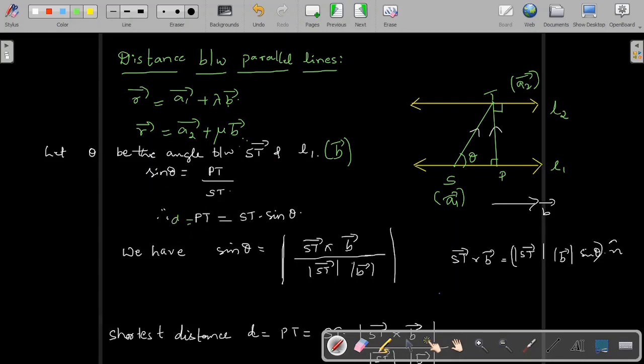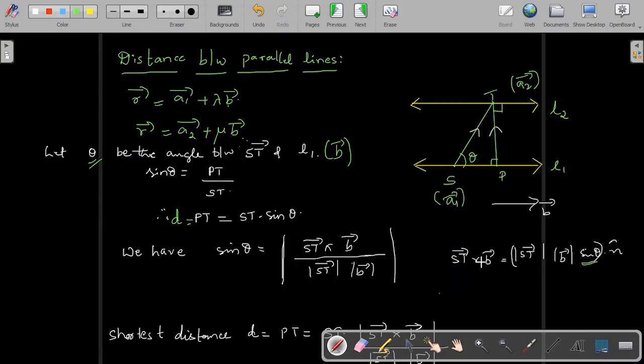PT, you can name it as D, the distance between two parallel lines. Now sine theta is equal to the modulus of ST vector cross B vector by magnitude of ST vector into magnitude of B vector. That is the cross product, because I know the angle between the two vectors ST and B. I will make use of the cross product because in the cross product you get sine theta.